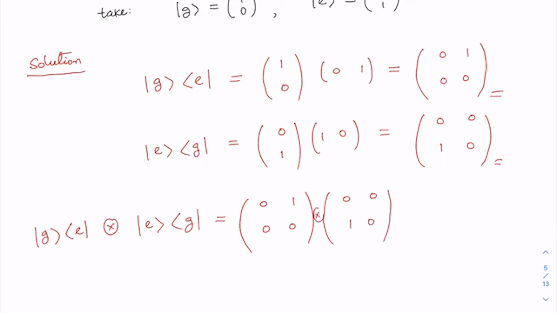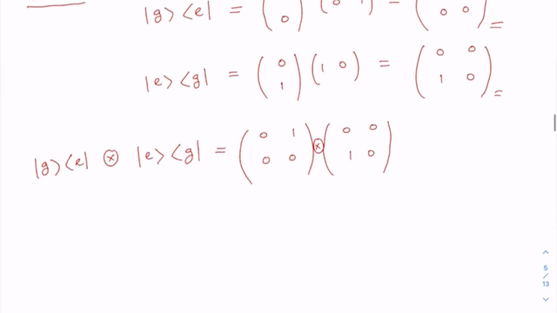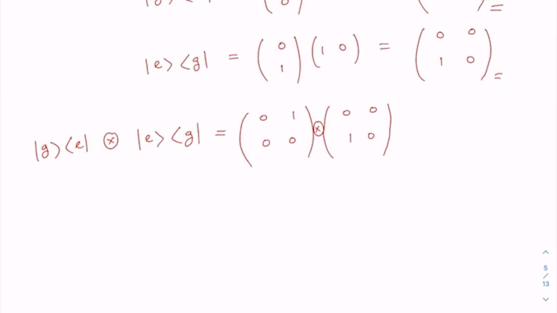Of course this is a tensor product, so therefore what we have here is 0 0 0 0 0 0 0 0. Then here we'll have 0 0 1 0 and 0 0 0 0.